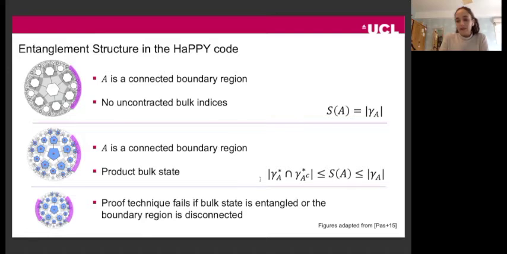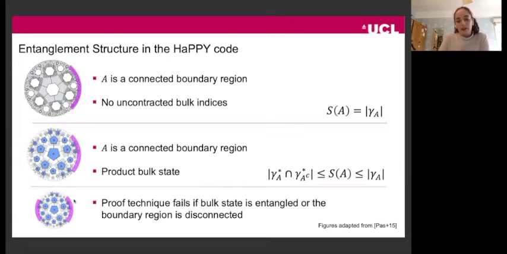In this case, the lower bound is given by the number of tensor legs crossed by both of these outputs. So if these two lines are not equal and have some residual region in the middle, the size of this residual region is going to determine how tight this lower bound is and how close to Ryu-Takayanagi we have in this case.